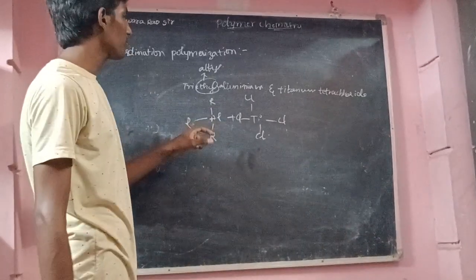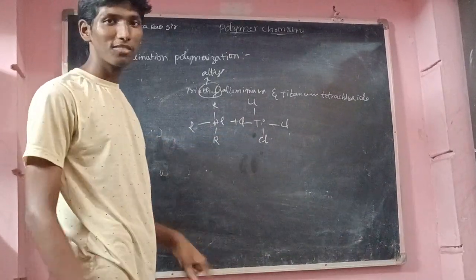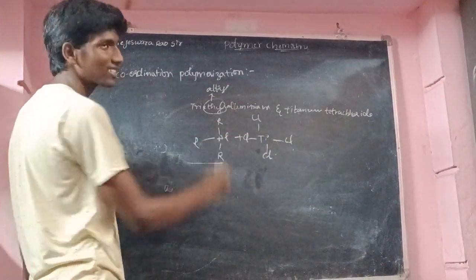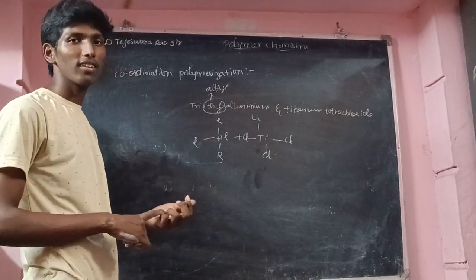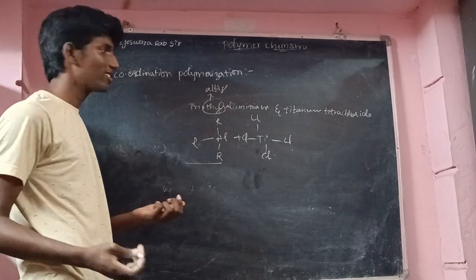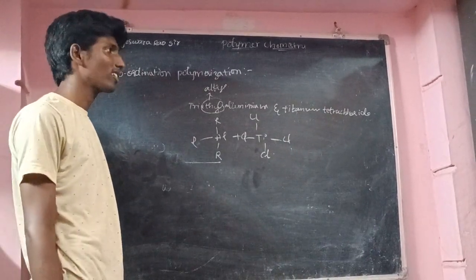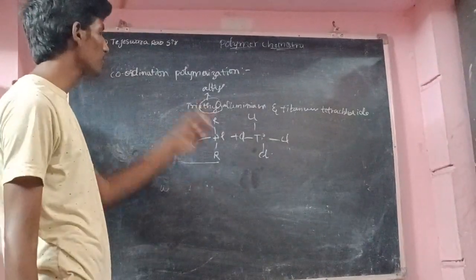The catalyst is formed from transition metals. By using this catalyst, we can form HDPE, high density polythene, and low density polythene materials. That's it about coordination polymerization.